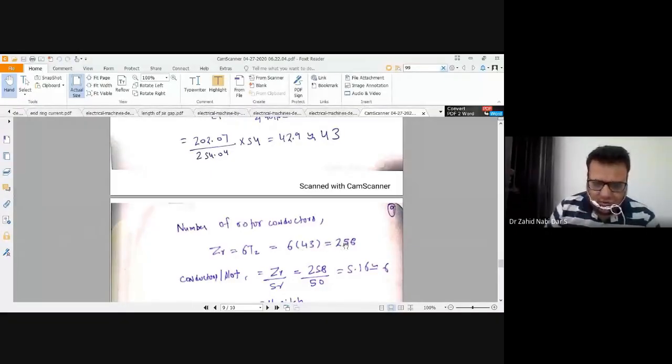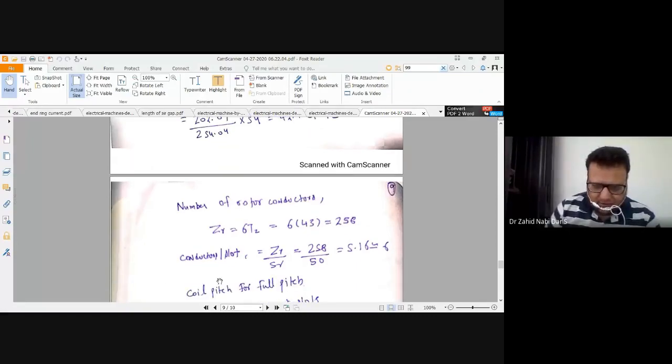Now what we write is gamma r, that is conductors per slot, equal to ZR divided by SR, the rotor slots. SR you can take as 48, or you can assume 50 also. Either way, no problem, you can take any value. 258 divided by 48 comes to around 5.375.